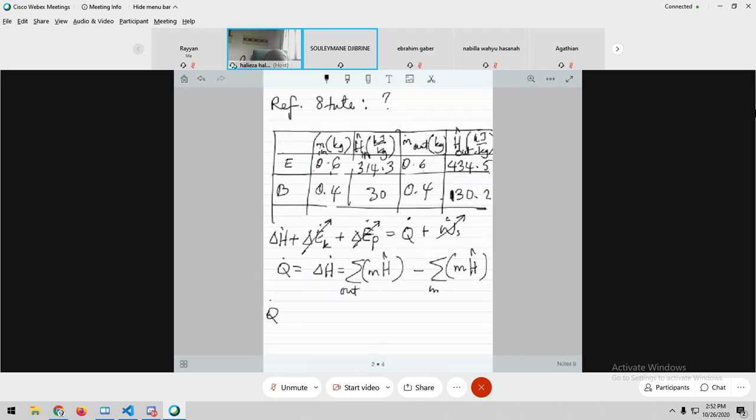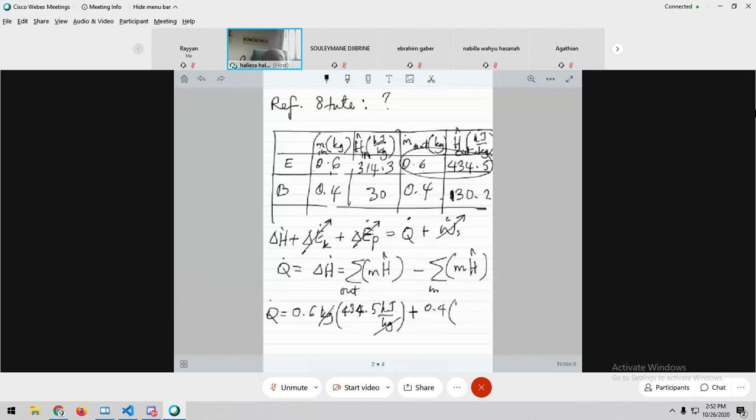We're going to put in the values. Out: 0.6 kilogram times 434.5, the unit is kilojoules per kilogram. That is for that part. Now do the same thing for butane, 0.4 kilogram times 130.2. I'm not going to write down the unit because I already have it over here. The kilograms cancel off.